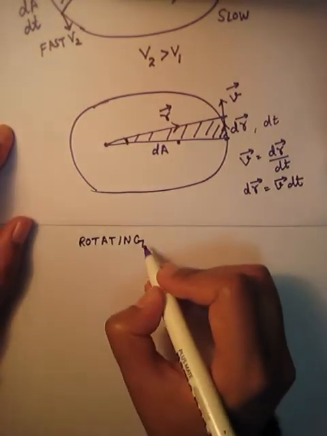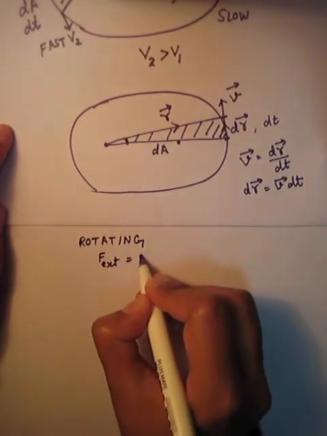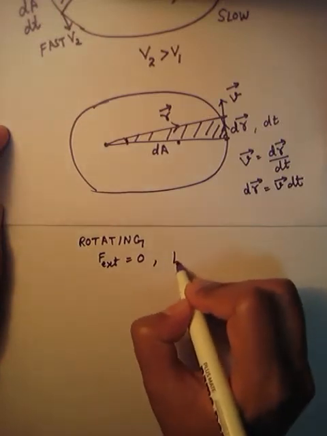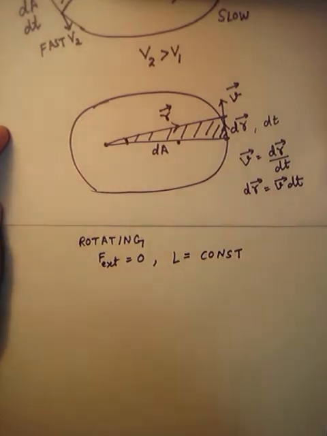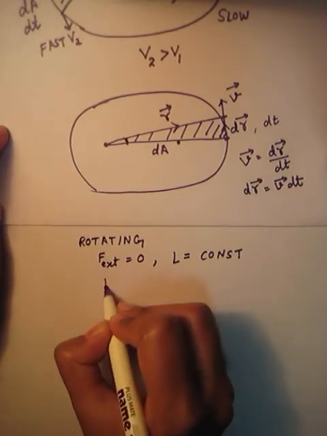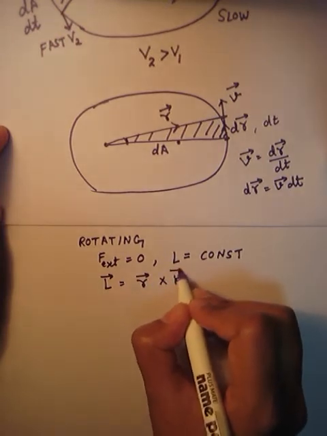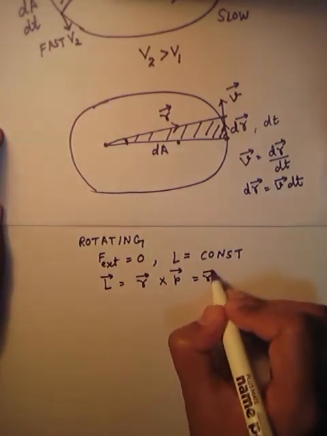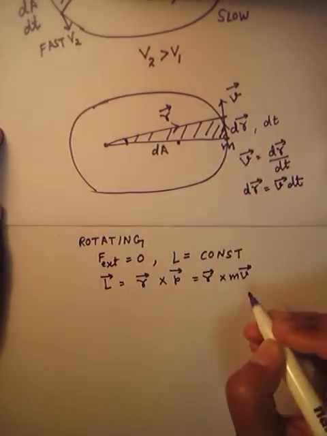In a rotating object, when we don't have any external force, external force is equal to 0, the angular momentum will stay constant. What is angular momentum? Angular momentum is given by r vector cross p vector, where p vector is simply the linear momentum. So we can also write it as r vector cross m v vector, the mass of Earth and the velocity with which it is moving.